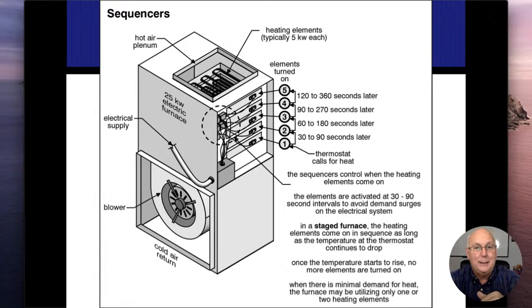But if the thermostat is going up and we're getting heat in there, sometimes they don't all turn on, plain and simple. They just use whatever burners are needed to produce the amount of heat that's needed. So they recognize the amount of heat that's coming back in the return air, and they're able to see if they need to kick on another one and another one and another one where it comes to it.